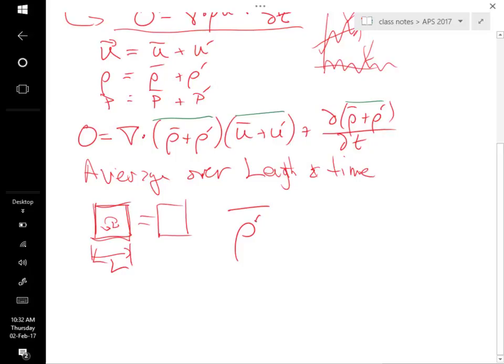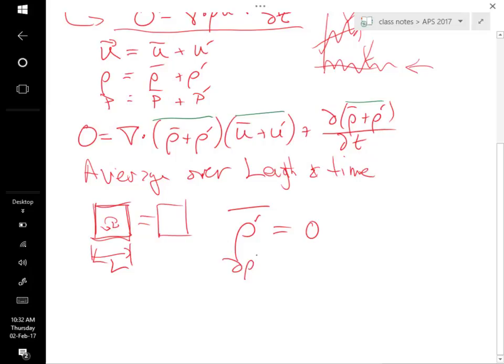This prime is the fluctuating component, okay? The way that we've done this, though, is we've defined this fluctuating perturbation as it fluctuates about 0. So if we take the average of it over space or over time, then that's just going to be equal to 0.